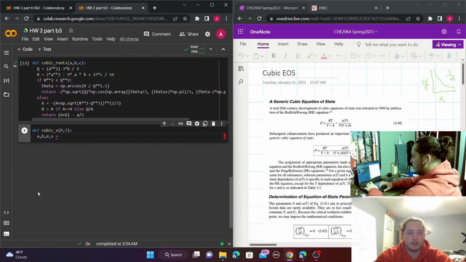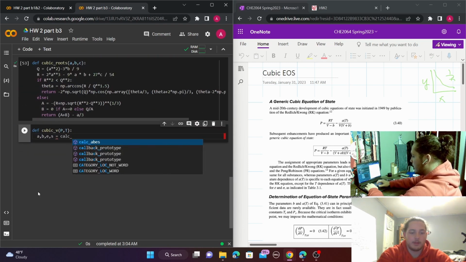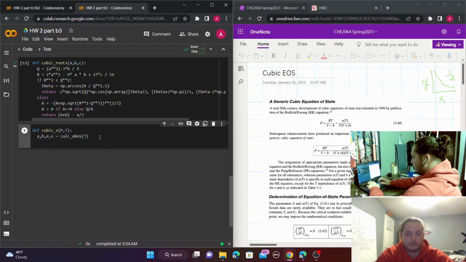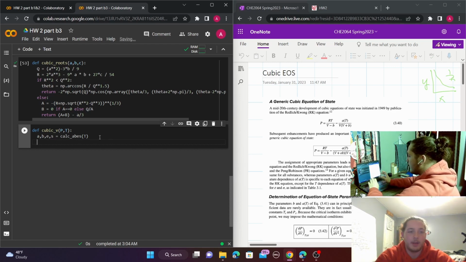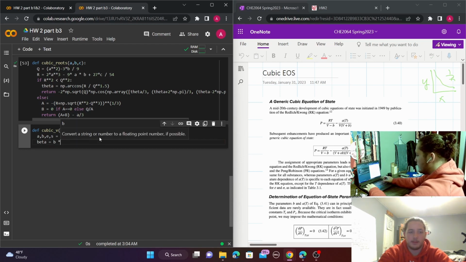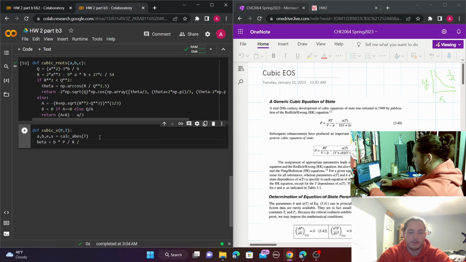Calc_ABS of T. And if we can recall from part B1, when we were deriving the general cubic equation of state under compressibility factors, we can set beta equal to B times P over R times T.